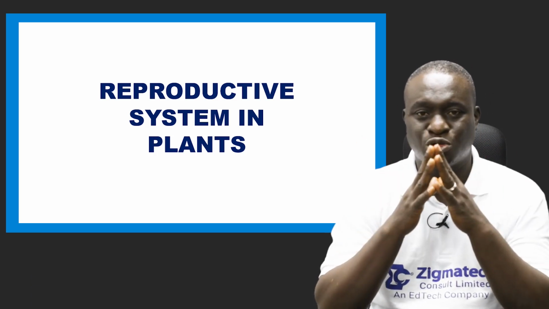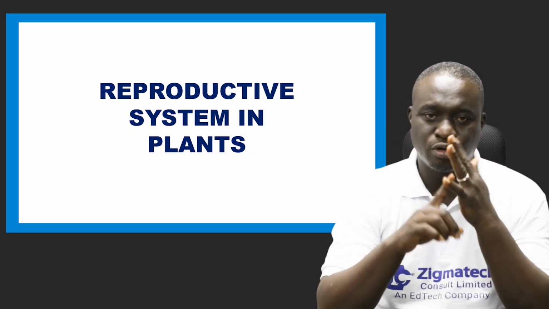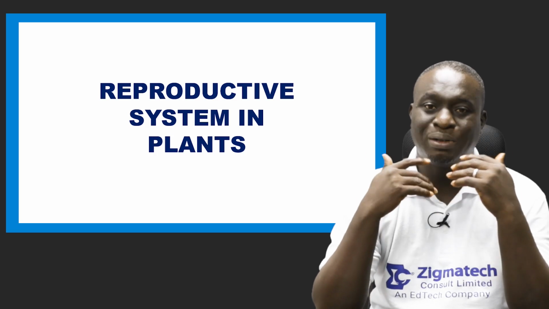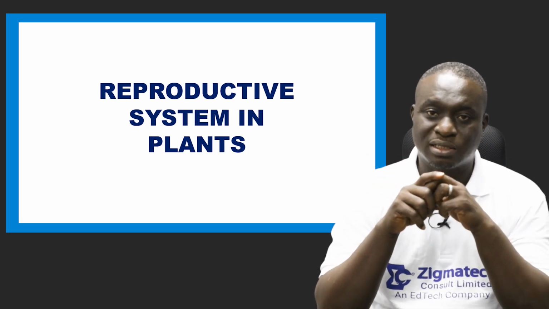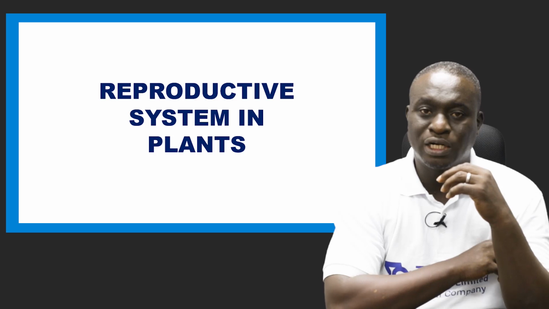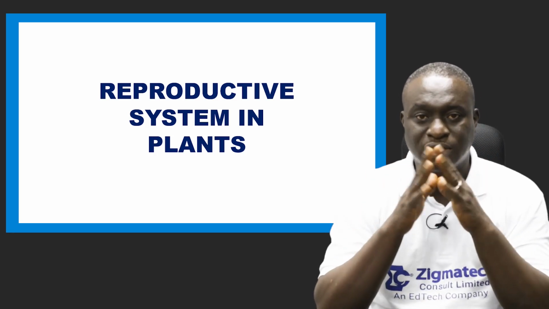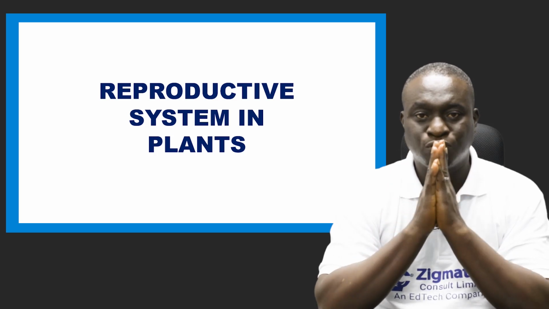When you're talking about sexual reproduction, it has to do with the production and the union of gametes. Now, do plants also produce gametes? Do plants also undergo fertilization? We're going to be looking at all of these in this particular topic.